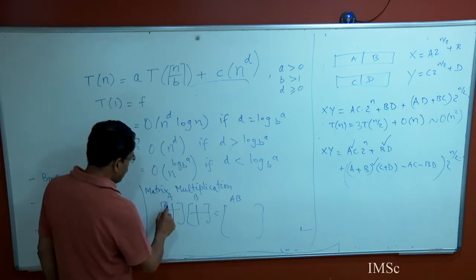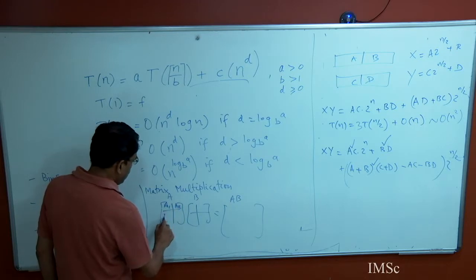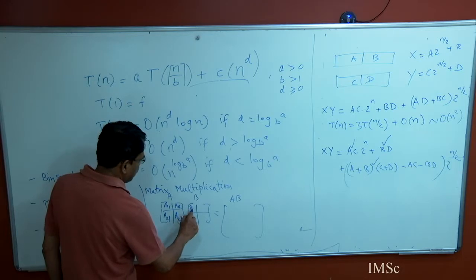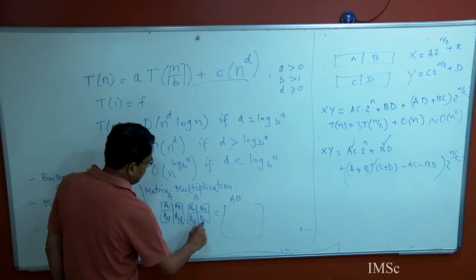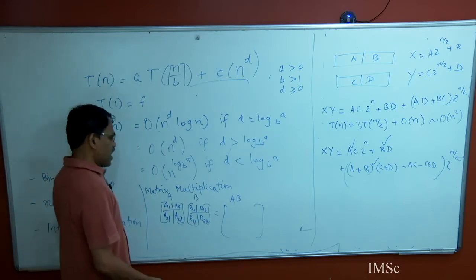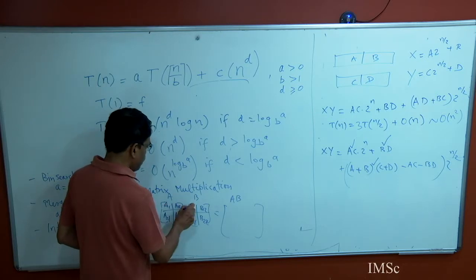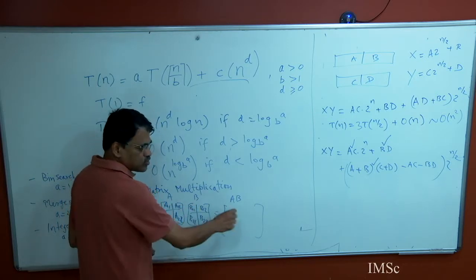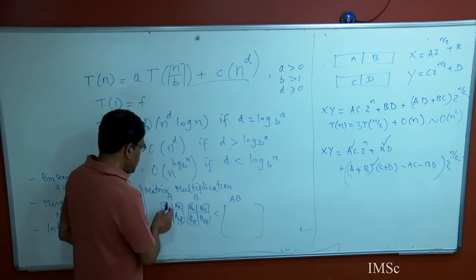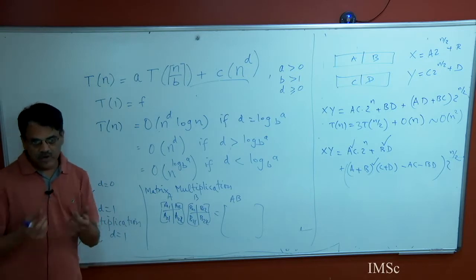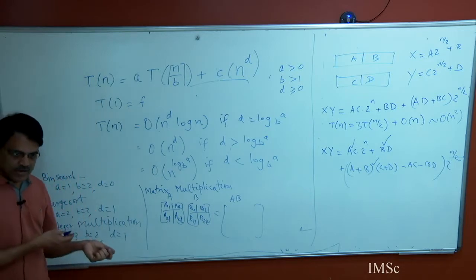So let's call this A11, A12, A21, A22, B11, B12, B21, B22. Then we said, okay, now the standard way of multiplying would be A11, B11 plus A12, B21. We'll put it here and so on and so forth. So each one is a multiplication of two n by 2 by n by 2 matrices. How many multiplications will you do?